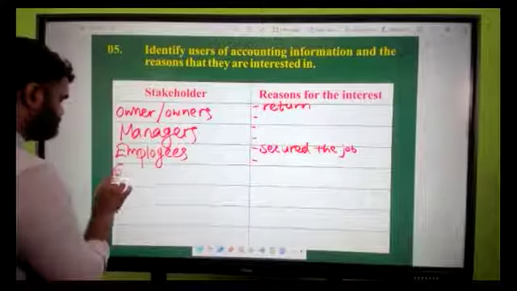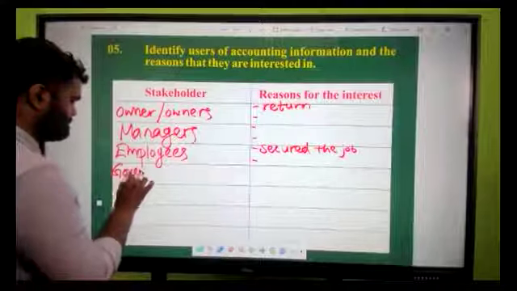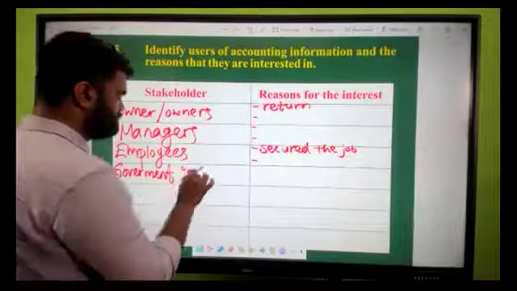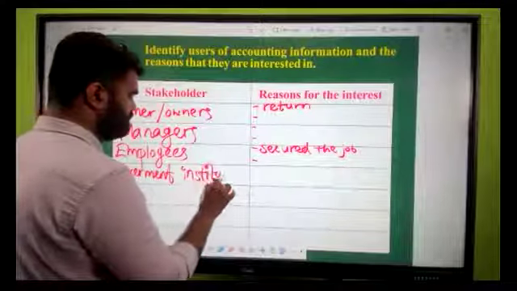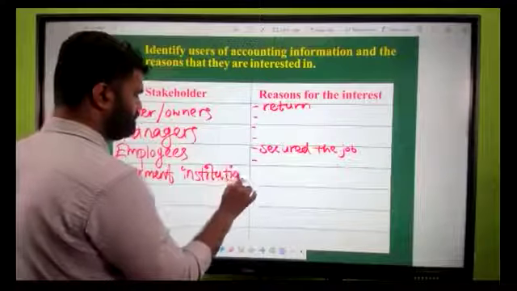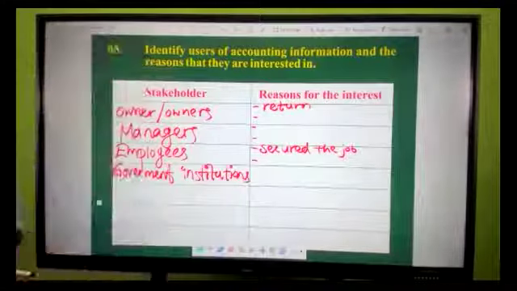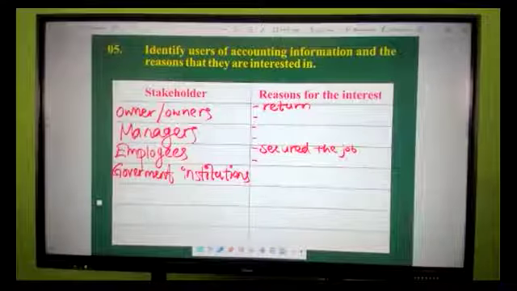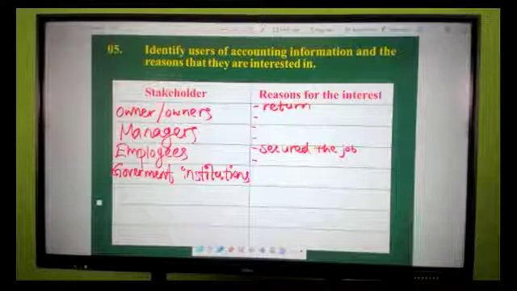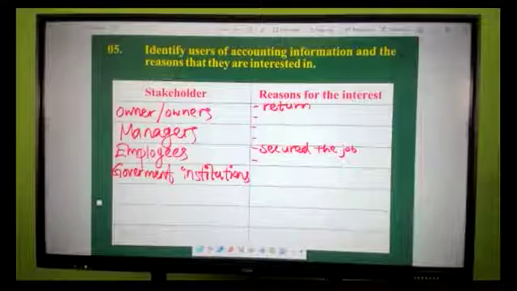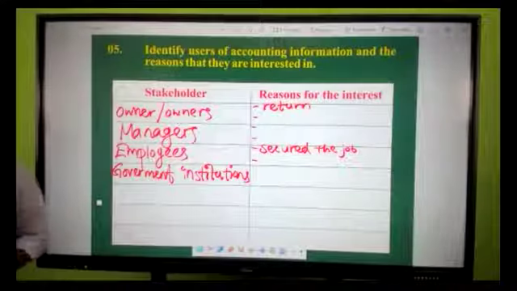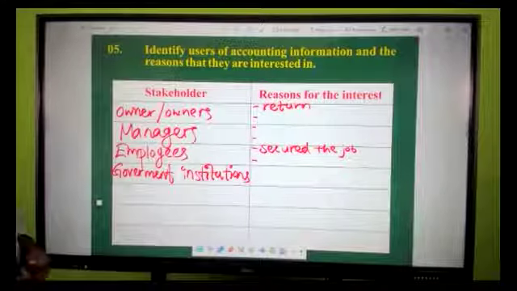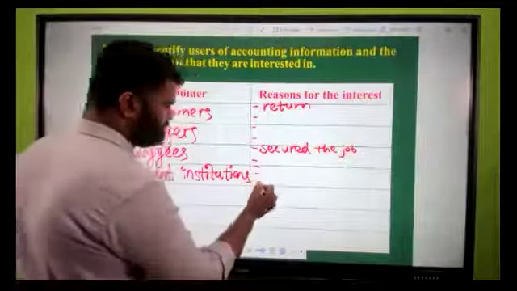Next one, government institutions. Let's write 3 reasons, so please manage your space.